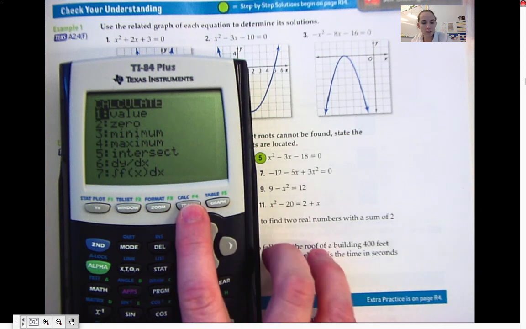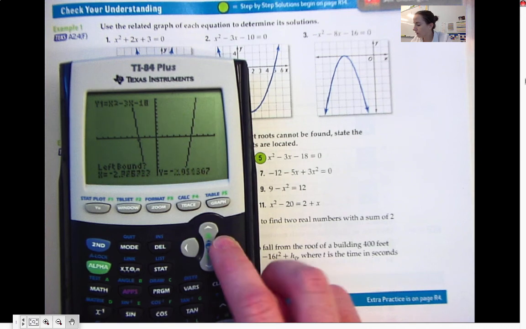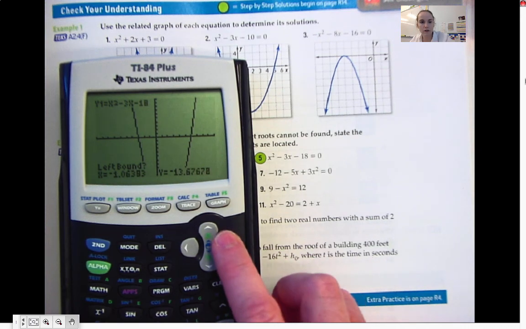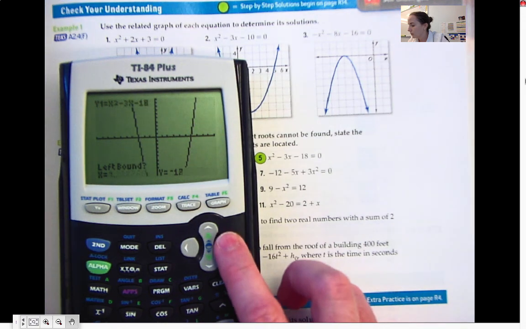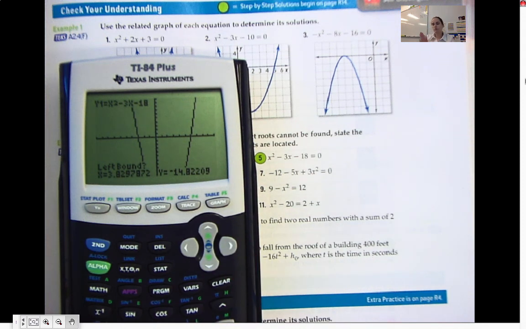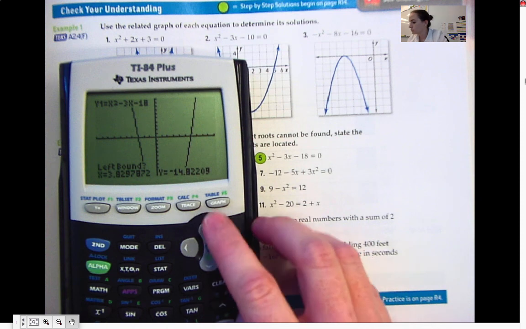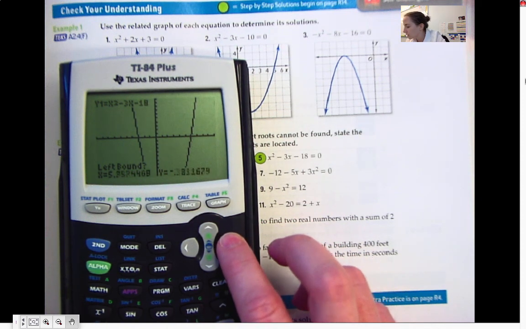Second, trace button, zero. Now this time on the other side, if I scroll all the way, because I'm going to this one over here now, the left bound on this one is underneath the x-axis, because remember, as it crosses through the x-axis, it's going to keep widening out to the right. So the left bound, let's see where my cursor is.